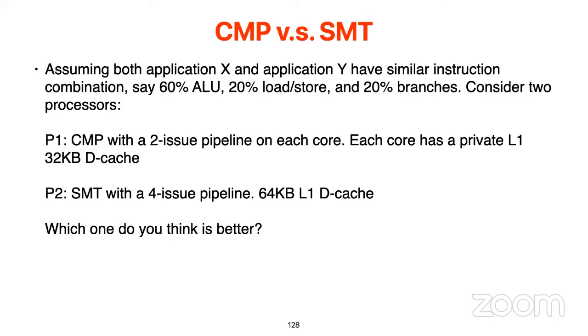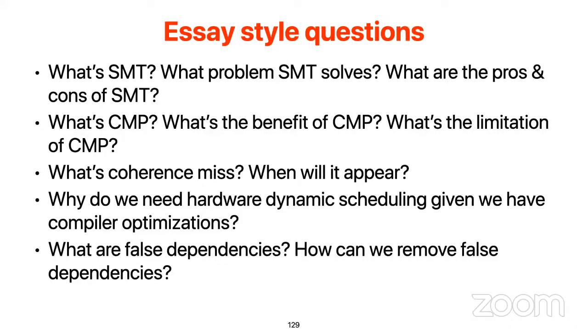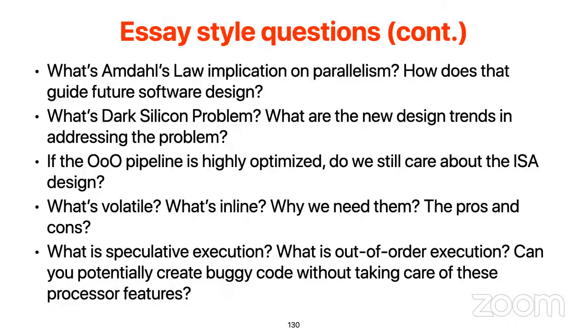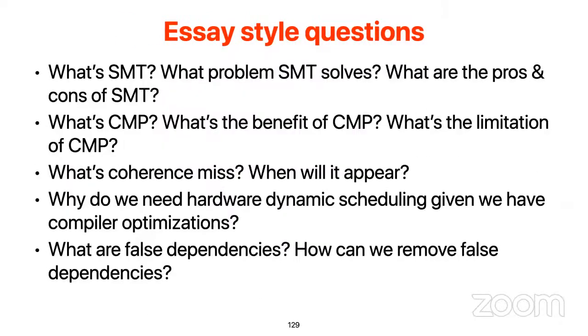Okay, so essay style questions. I think there's a total of 10, and I do list 10 here, so they are important. Like, what's SMT, what does it solve, and what are the pros and cons of SMT? What's CMP, chip multiprocessor, why do we use CMP more often now, and what's its limitation? What's a coherence miss, and when will it appear?